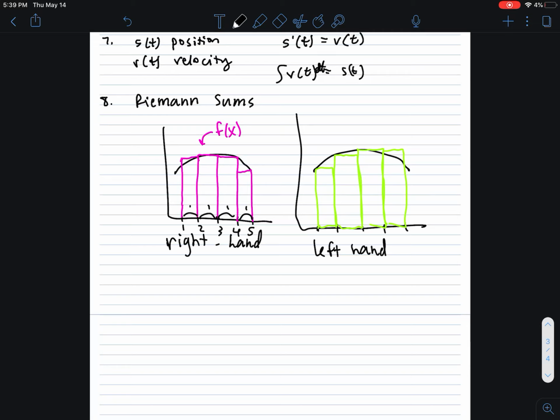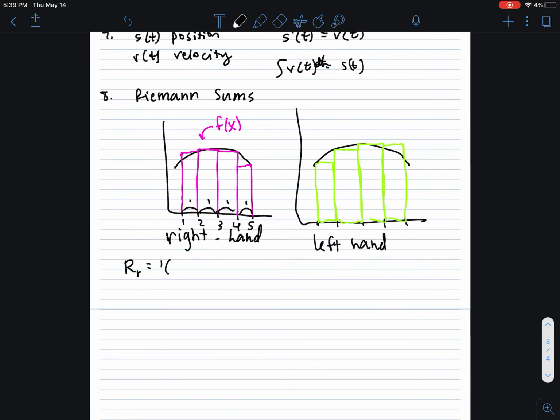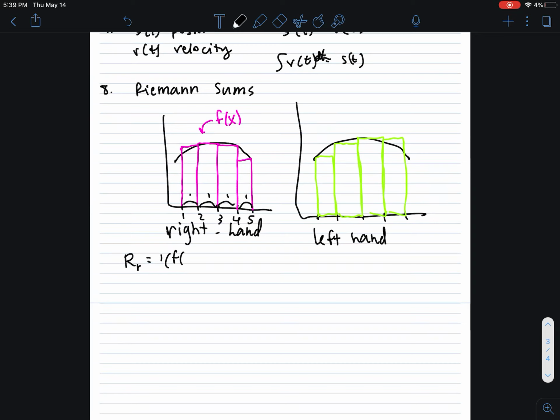And I just need to calculate the area of the rectangle, so all I need is the height. And the height is going to be the f of x where it hits the line, right? So if I did the right-hand Riemann sum, I would have 1 times f of 2, because that's the height of my first rectangle here, right?